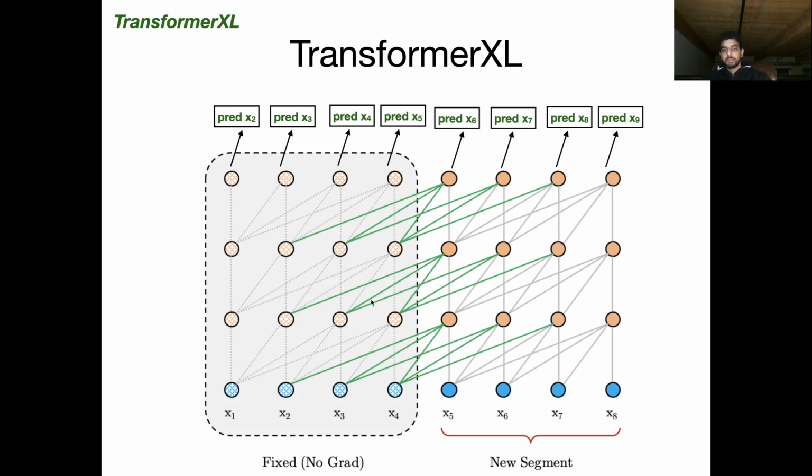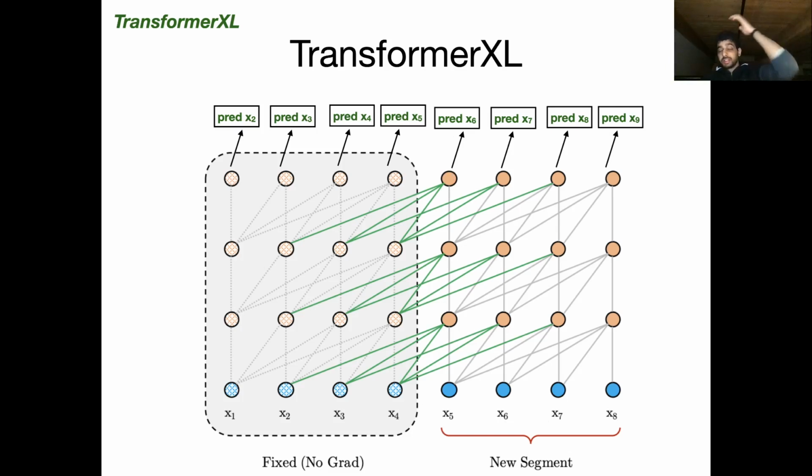And the way this is set up is essentially that the cached representations are concatenated with the query and value representations that you get at this sequence. That is the way that the cached representations influence the computations of this new segment. So predicting x sub 6, now I have access to all of this information. I'm not just blindly making a new prediction.